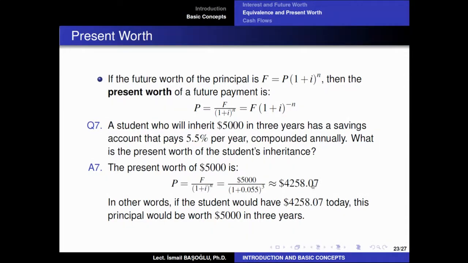Or in other words, $4,258.07 today is equivalent in value to $5,000 3 years from now under a 5.5% yearly interest rate that compounds annually. So we have also written an equivalence statement here.